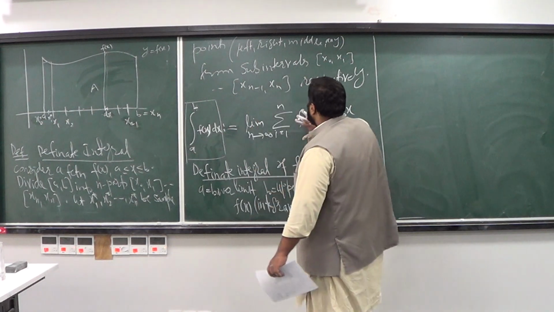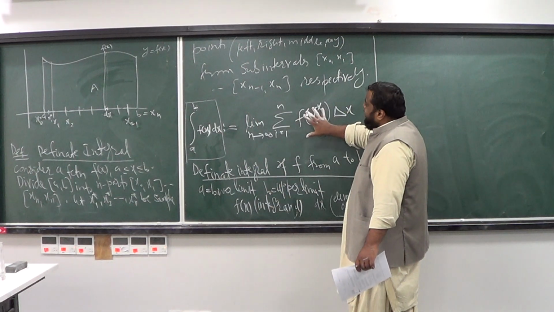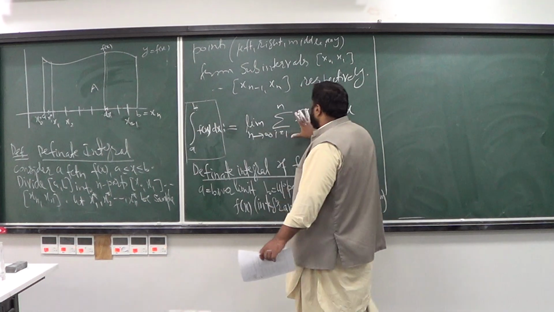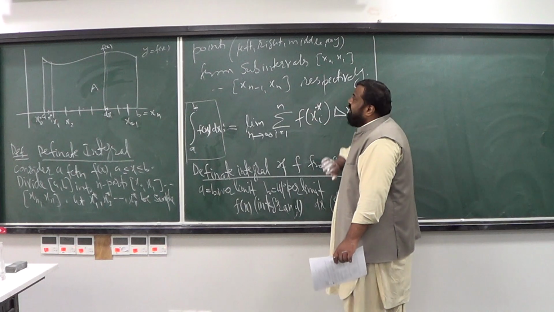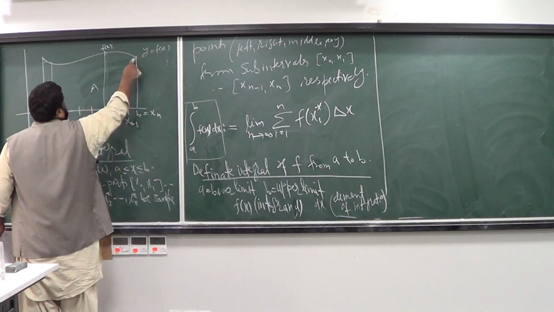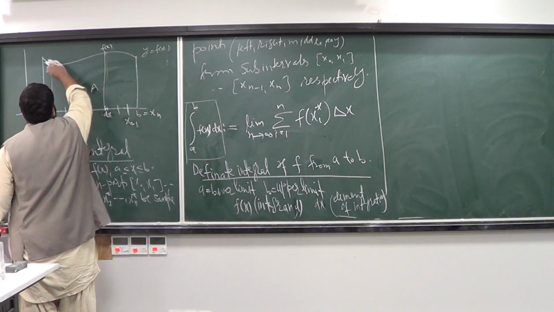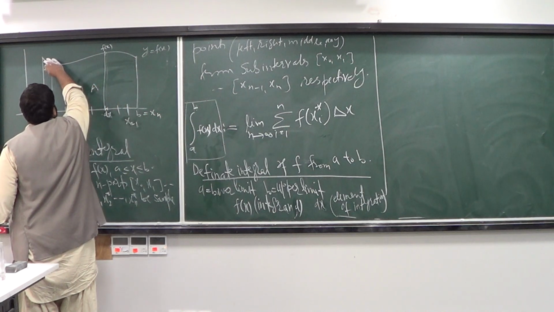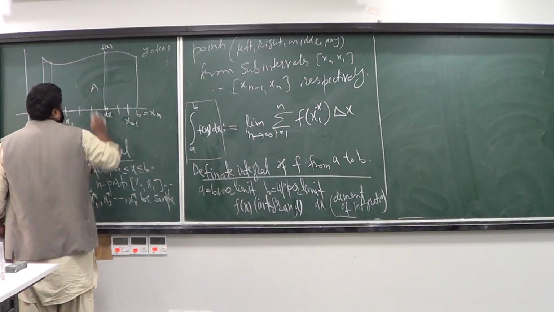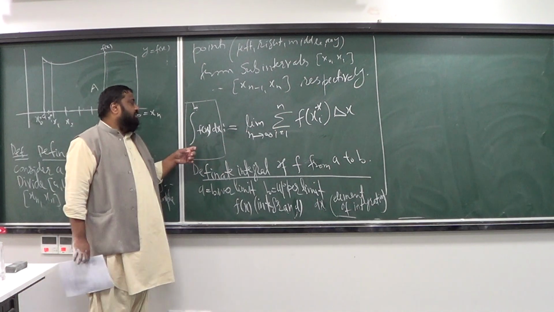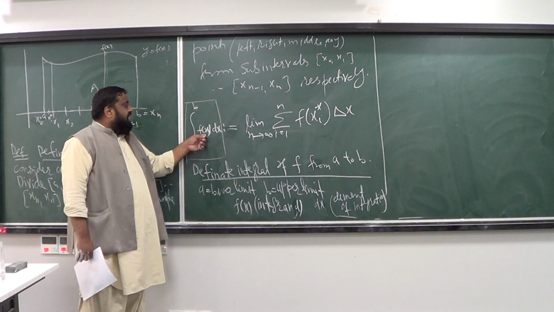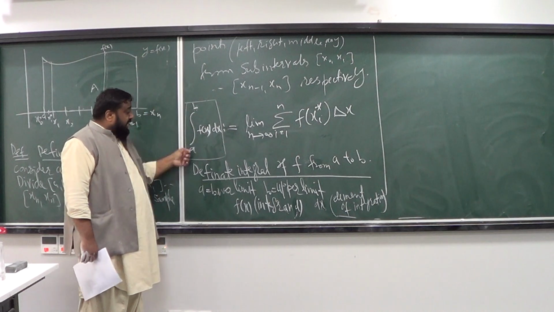Since this is equal to this limit, whatever is the interpretation of this limit is going to be the interpretation of this. The interpretation of this limit is the area under the curve f of x. So the definite integral is basically the area under the curve f of x from A to B.